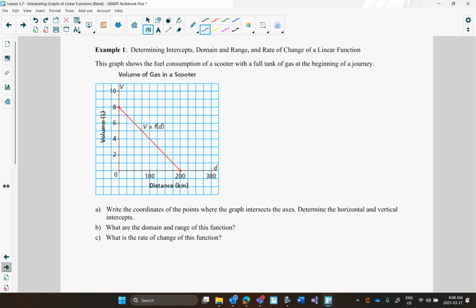What's happening in the graph? Yeah, the amount of gas is going down, so somebody must be traveling on this scooter, right? And it looks like it takes them 200 kilometers to get to empty, because the volume would be 0.